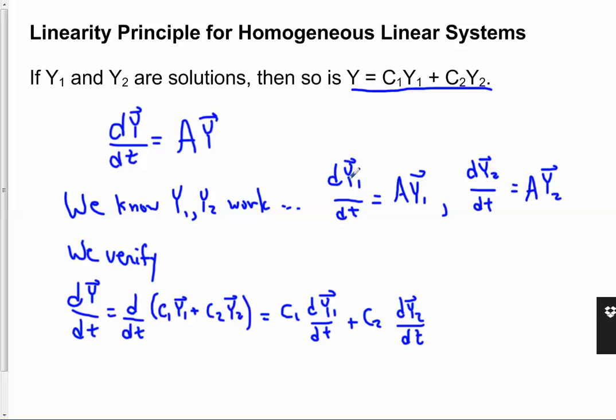And now we know, again, that dy1/dt is Ay1 and dy2/dt is Ay2. Okay. And now we're dealing with matrix multiplication, which also distributes in the normal way. In other words, I can factor A out.